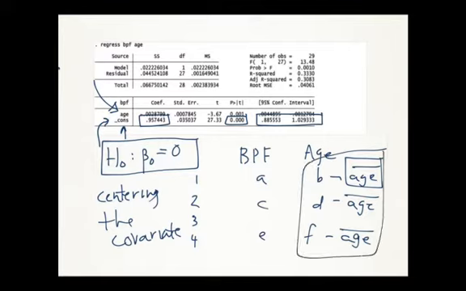Now that we've addressed the first remaining question about whether the slope was significantly different from 0, let's get to the second question about whether the assumptions of linear regression had been met.